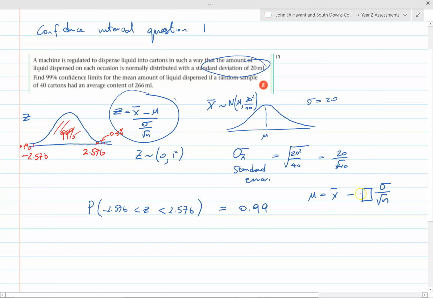But of course the value of z will be plus or minus, so we can put a plus or minus there to get the formula for the confidence interval. So you're just rearranging to get our formula.